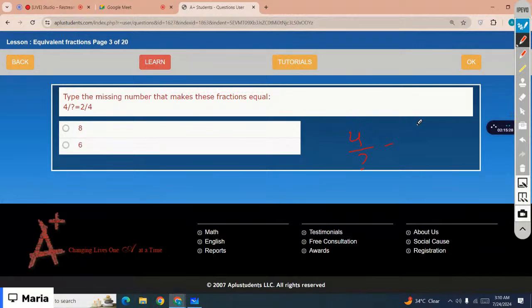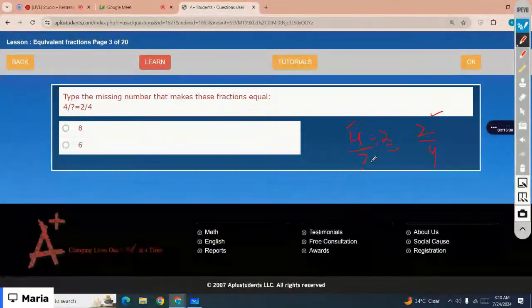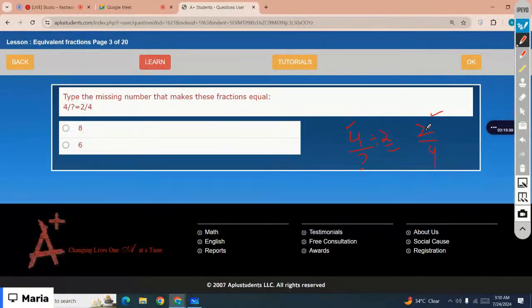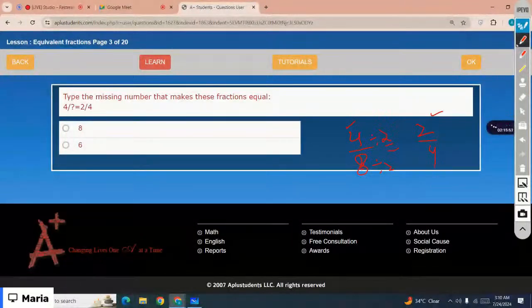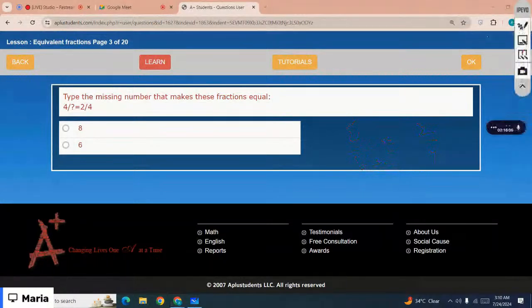That means you divided this fraction by 2. 4 divided by 2 is 2. So what number is 4? 8 divided by 2 is 4, right? So that means the missing one is 8. The correct option is 8.